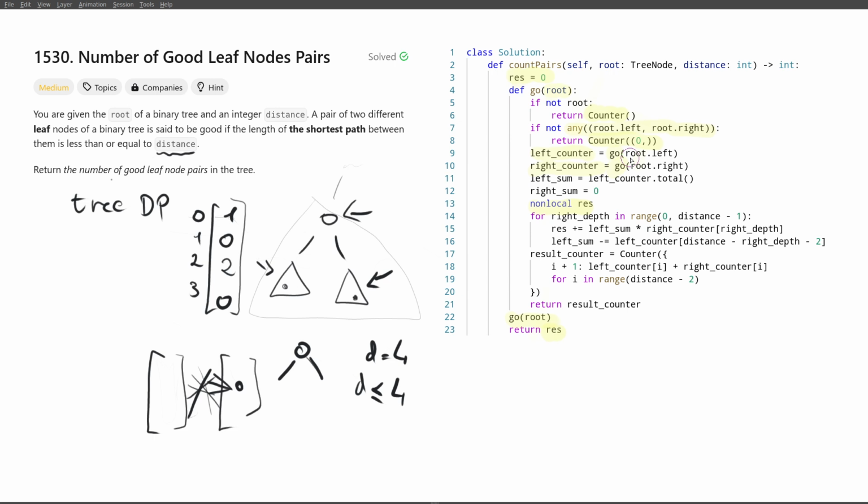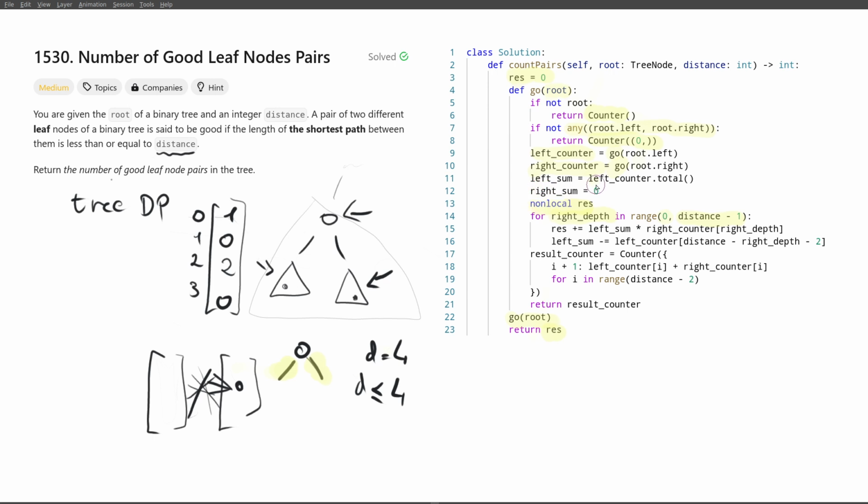And now we want to count the number of good pairs. So we will essentially take the depth on the right side, in the right subtree, to go from 0 to the maximum possible distance. So in this case, it'll be distance minus 2, because we always have to count those two edges. And we'll be maintaining the sum, so the number of vertices on the left and on the right that would create a good pair.